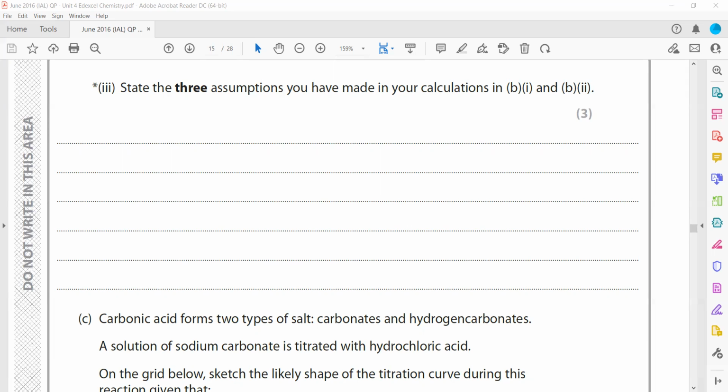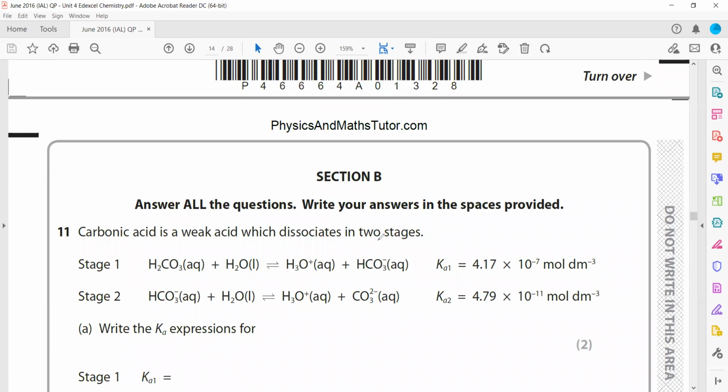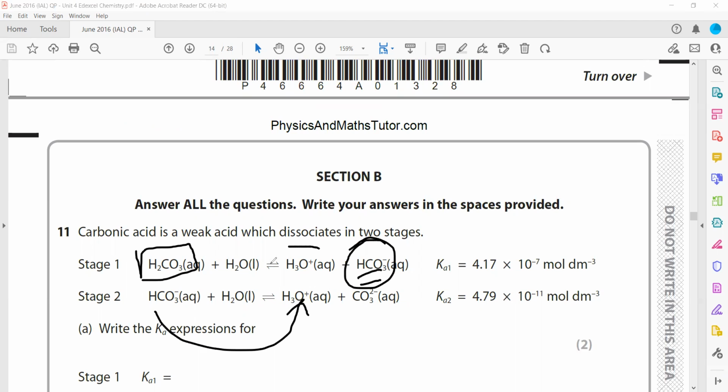Third, because HCO3- can further dissociate, we assume it does not break down. It remains the same.